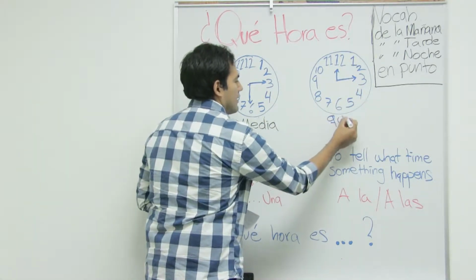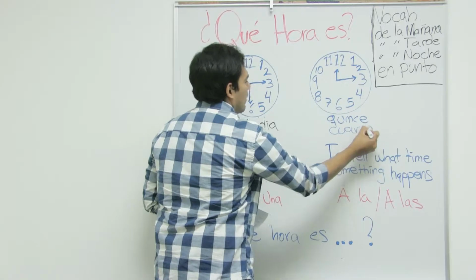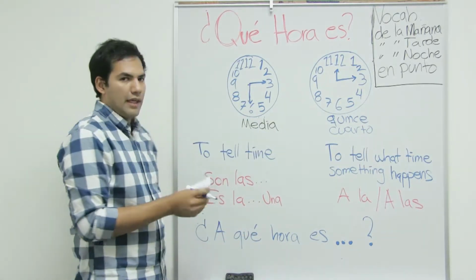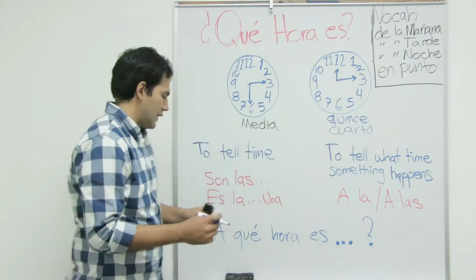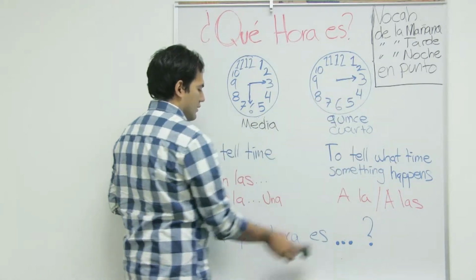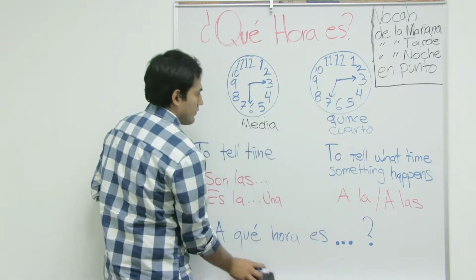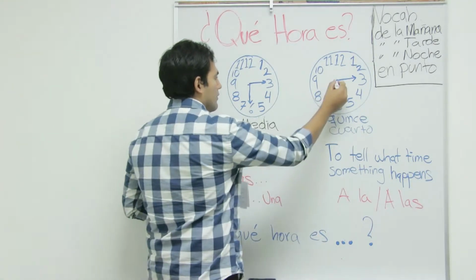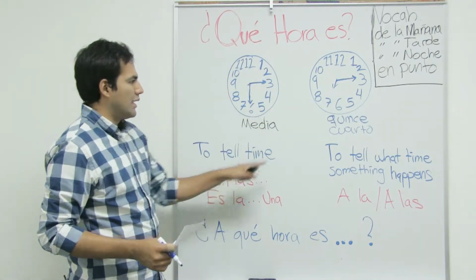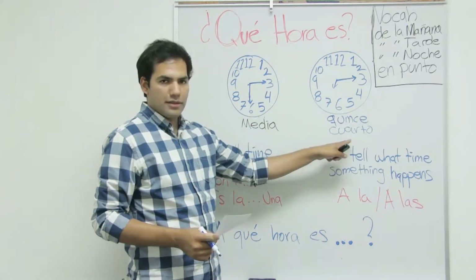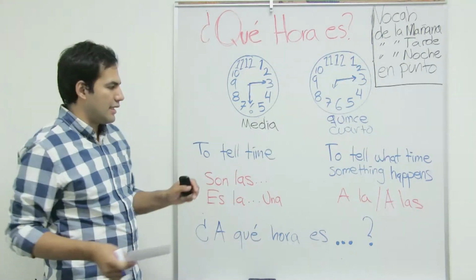So you could say 15 or cuarto. Okay, so here you could say 12:15 or 12:15. Okay, so what about if we change that to ¿qué hora es? Son las 7:15. Okay? So that's the principal idea, or that's the main idea of how to tell time.